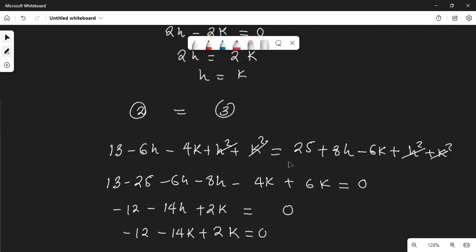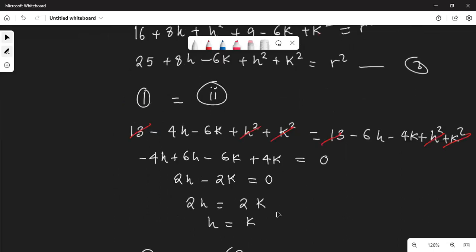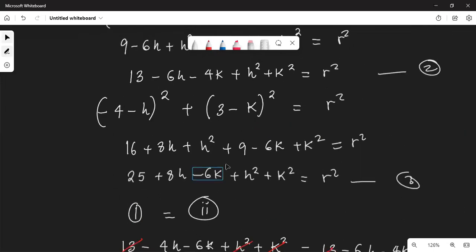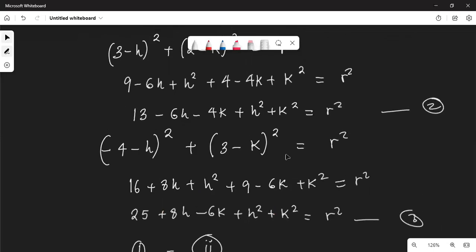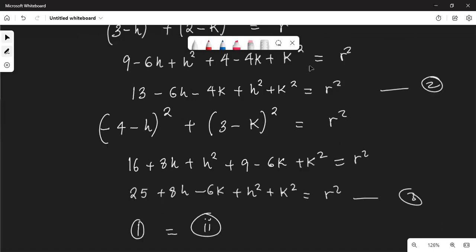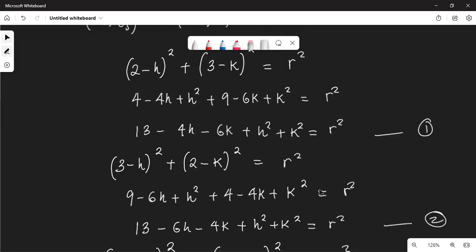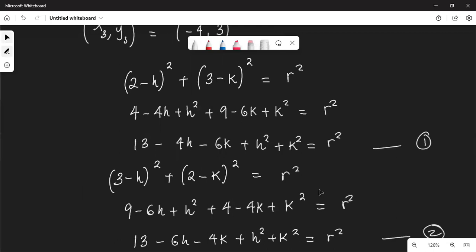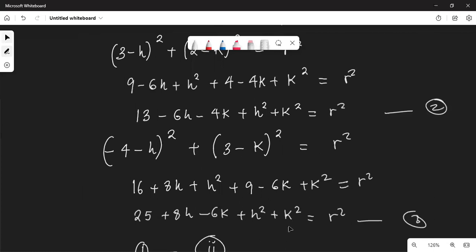So to find the radius of this circle, we can use one of these three equations formed. You can use equation number 3, equation number 2, equation number 1, whichever equation we are comfortable with. Okay, so you choose equation number 1, which is 13 minus 4h minus 6k.